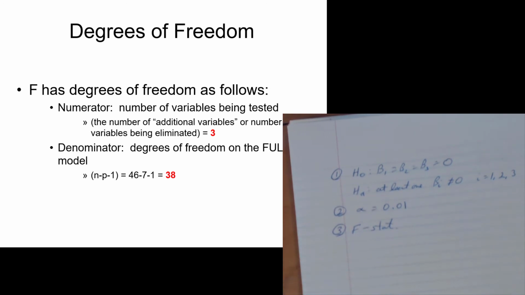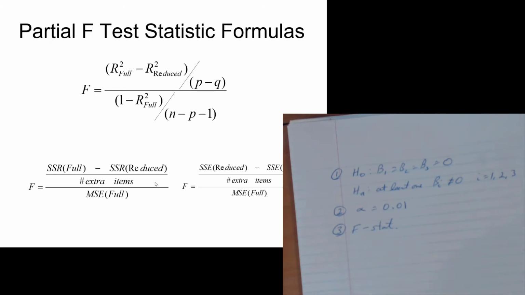Okay. So now we go into the formulas. And the first formula is, when you're doing it by hand, the first formula is the easiest one to base your calculations from. Right?